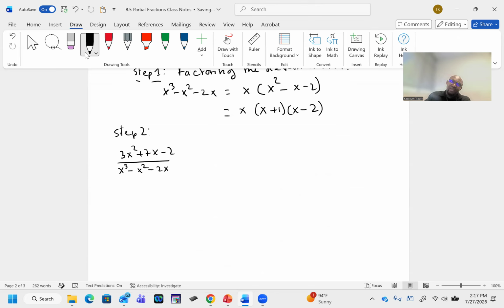Or should I put the factored form? Let me put the factored form, because we already factored, we know the factored form is x times x plus 1 times x minus 2.